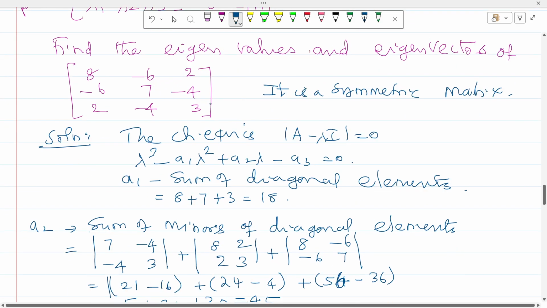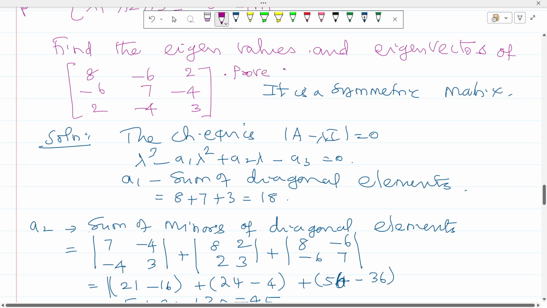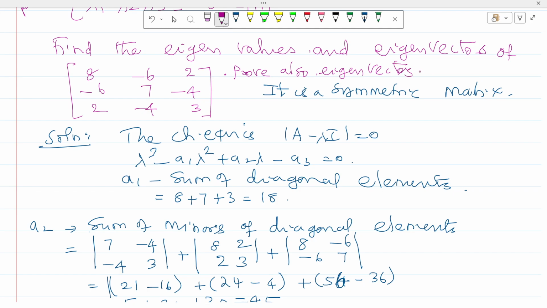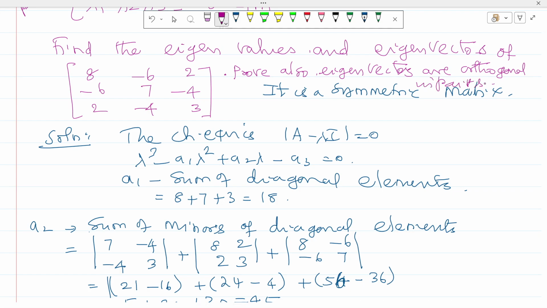Here it is a symmetric matrix, we know that. I can extend the question: prove also that the eigenvectors are orthogonal in pairs. At that time only you have to write these things. Actually it is not compulsory, it is optional, but for better understanding I am telling all the things.